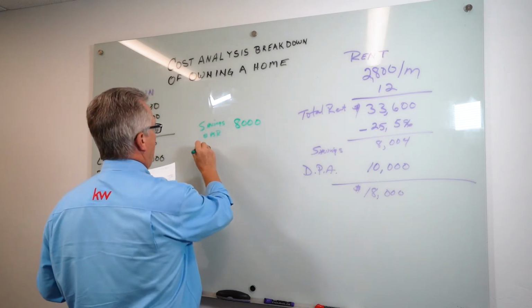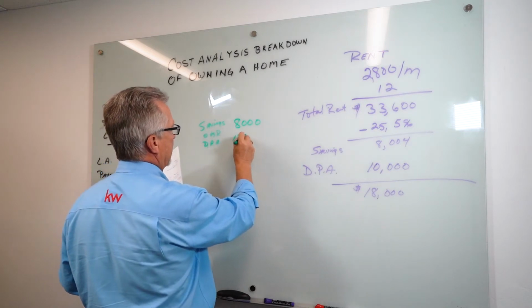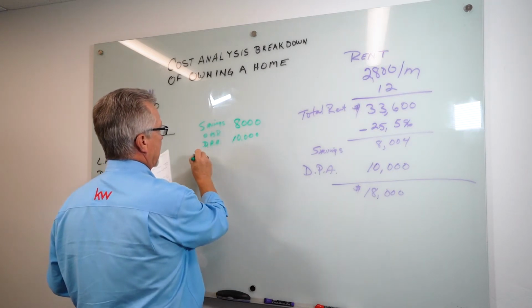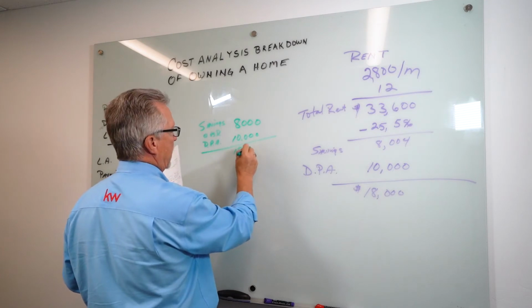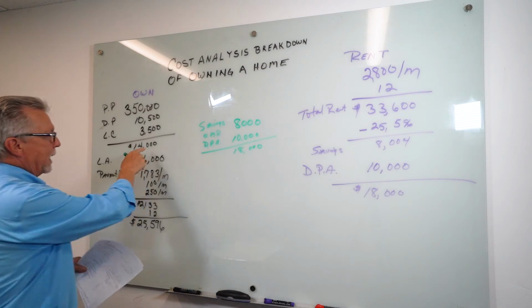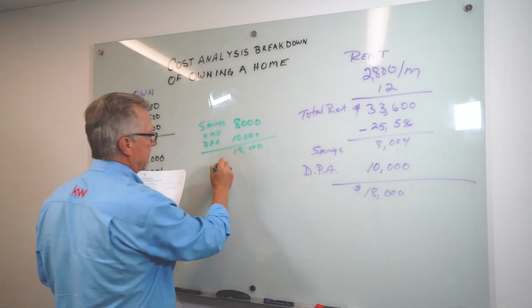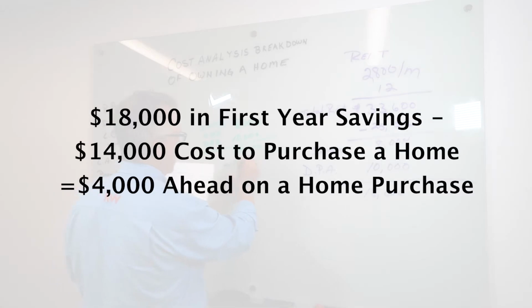We're getting down payment assistance of about $10,000. Gives us a total of $18,000 that we talked about. If we only need $14,000 out of pocket expenses, we're actually ahead of the game here by $4,000.